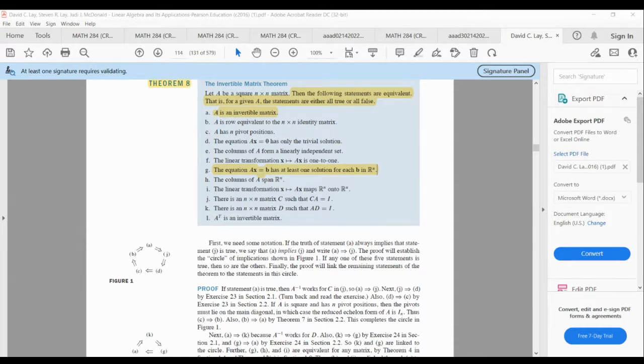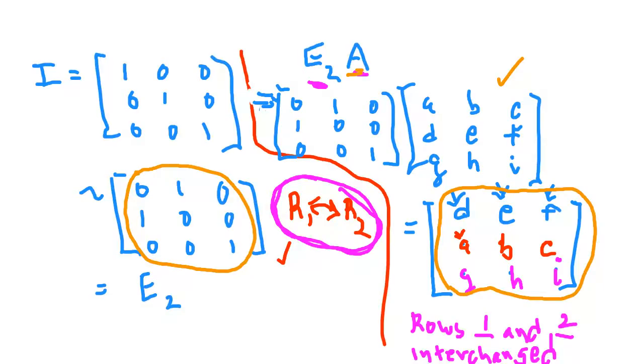Okay, why would that be true? Well, let's take a look. Here you have A times the vector X equals the vector B. A is an n by n matrix, a square matrix.